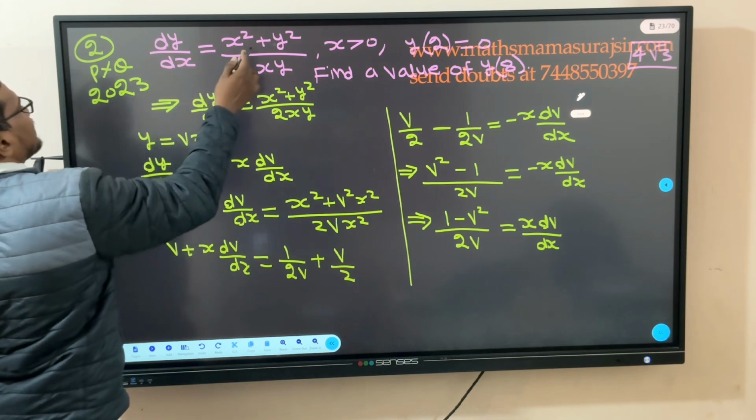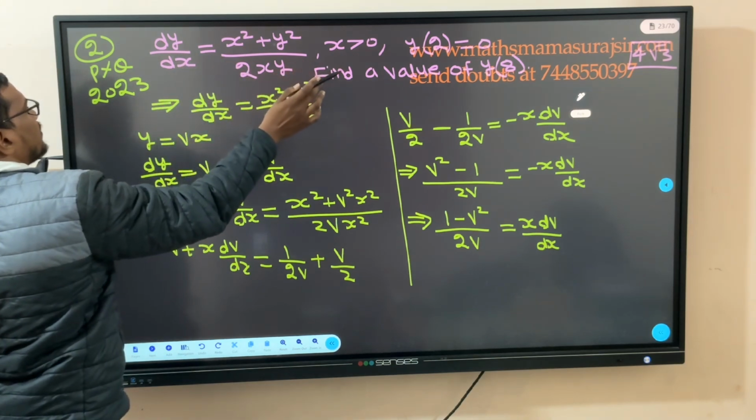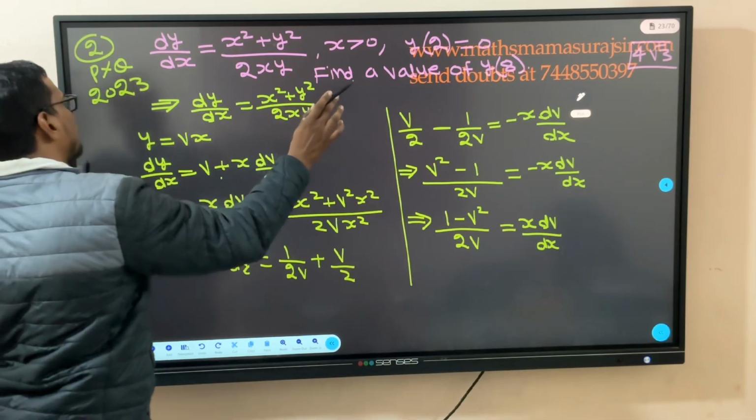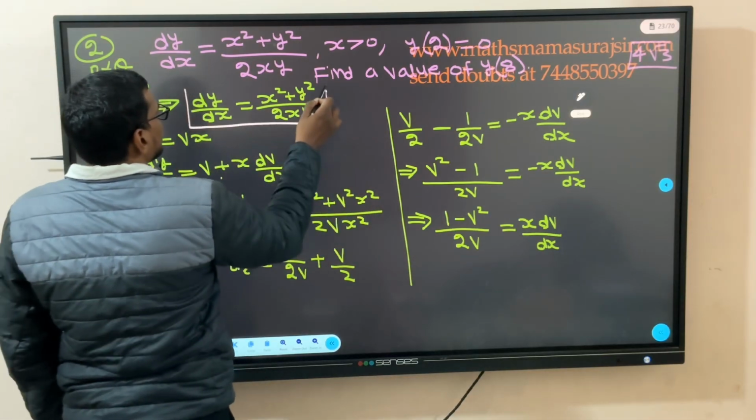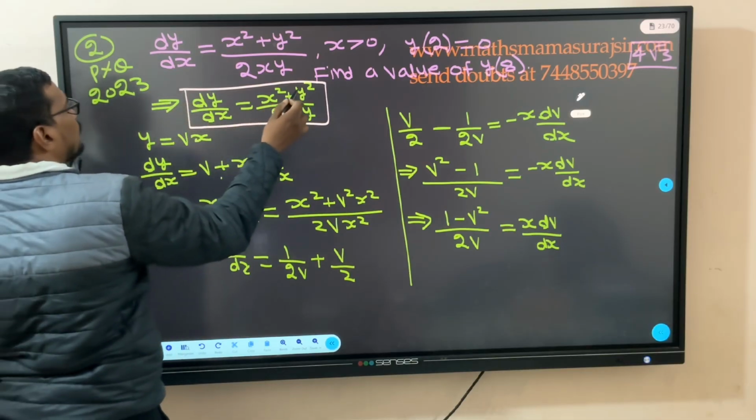Second is dy by dx is this, k greater than 0, y of 2 is equal to 0. Find out the value of y of 8. See, dy by dx is equal to this, and it is a homogeneous equation.